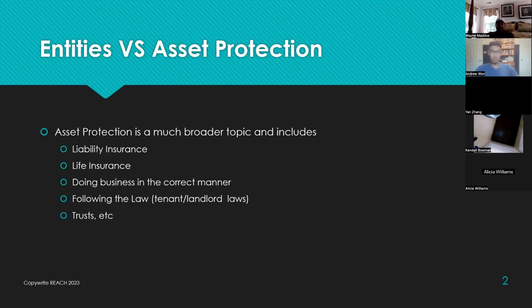So making sure that we are being fair and above board and not trying to do things in a sneaky way. That gets you in trouble a lot. Following the law. It's when we don't follow the law or landlord tenant laws that we get ourselves in trouble. And then trusts are another part of asset protection.